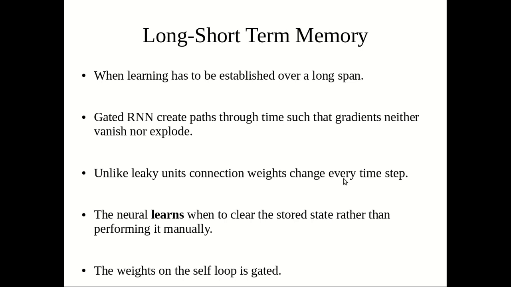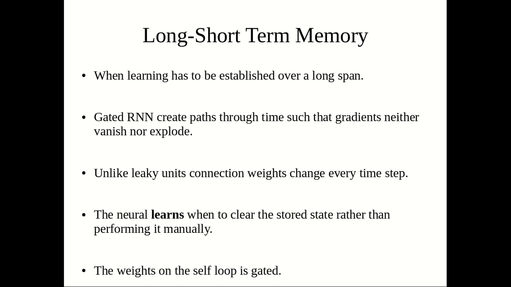Then long short-term memories came into existence, and this was much more successful than the initial strategies proposed. This is because the long short-term memory, or the LSTM cell, brings an element of memory to an RNN cell.